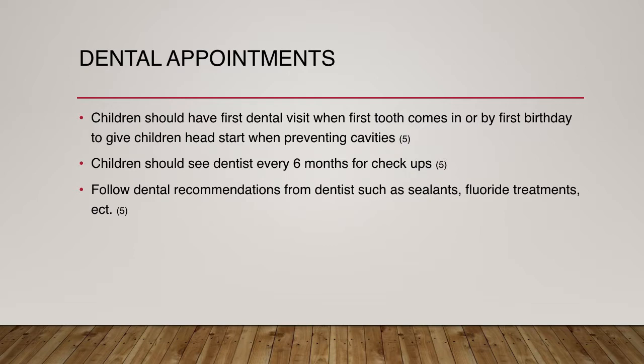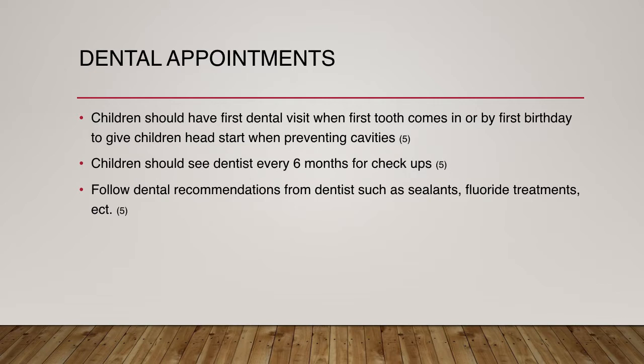And then also, when children's adult molars come in, their big teeth in the back, they can get sealants on them, which is a big help in preventing cavities. Basically, your back teeth, your molars, have a lot of grooves in them, and some of them can be pretty deep.